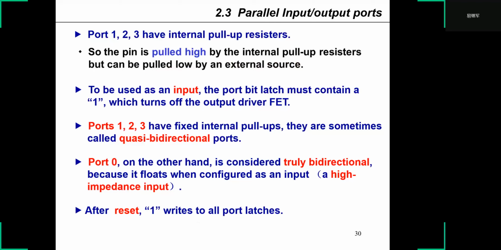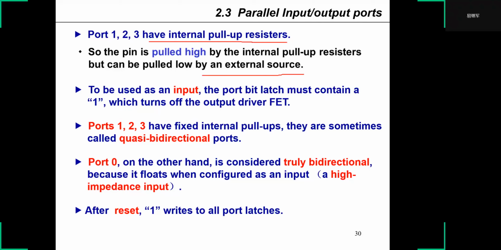Port 1, 2, 3 have internal pull-up resistors, so the pins are pulled high by the internal pull-up resistors, but can be pulled low by an external source.